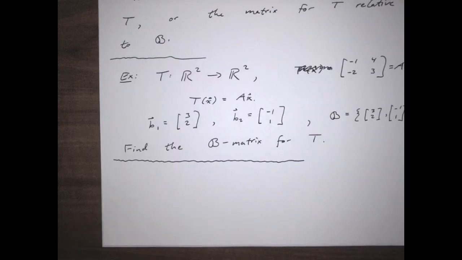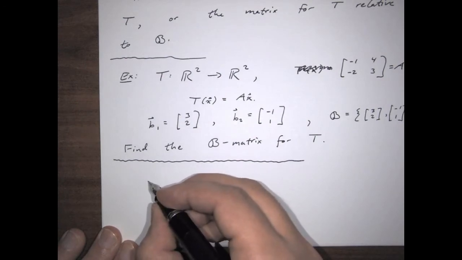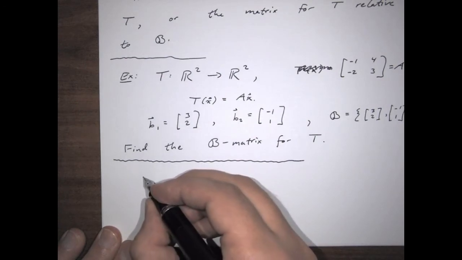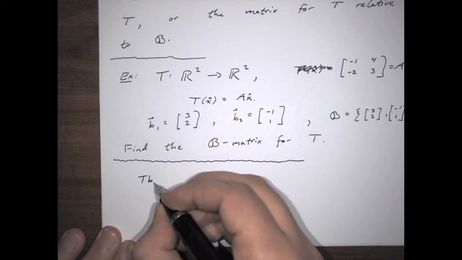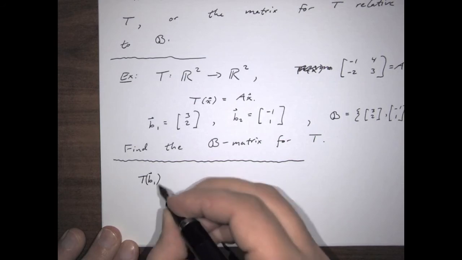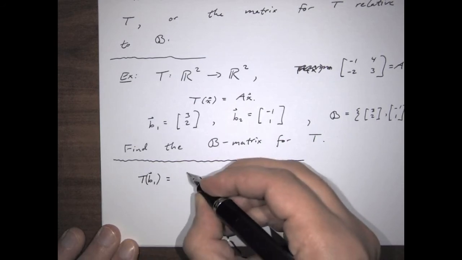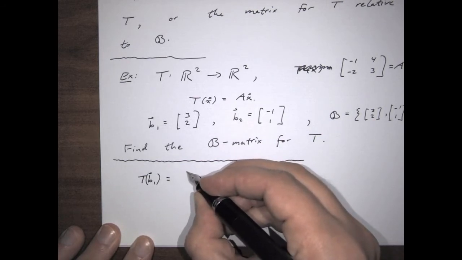Alright, well now let's think about what this actually would mean. This would mean we would have to find the representation of the image of B1 under T. So let's first figure out what the image of B1 is going to be.